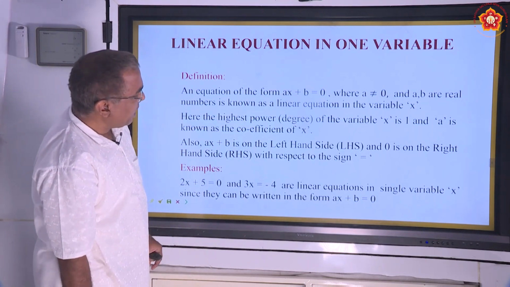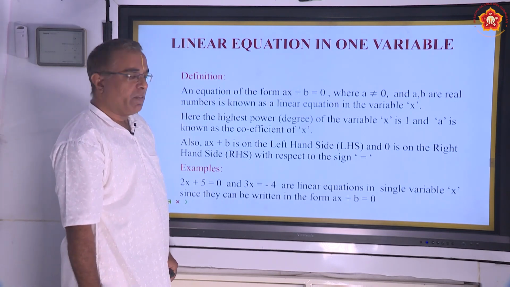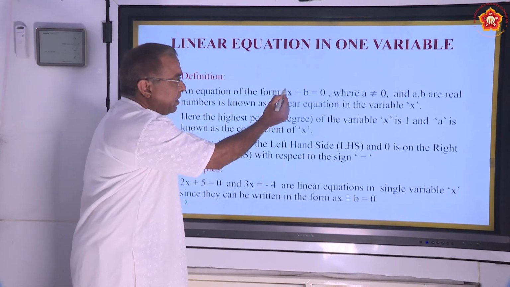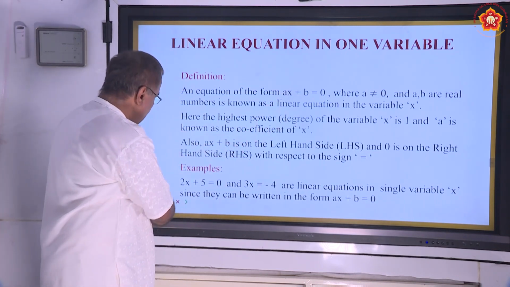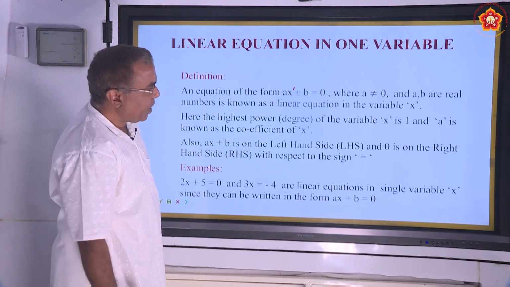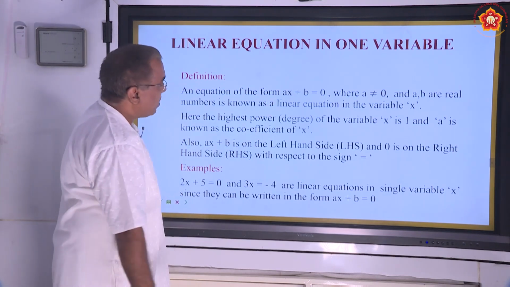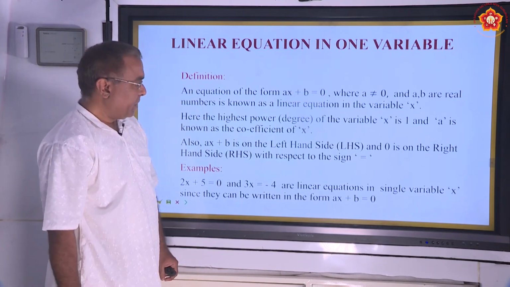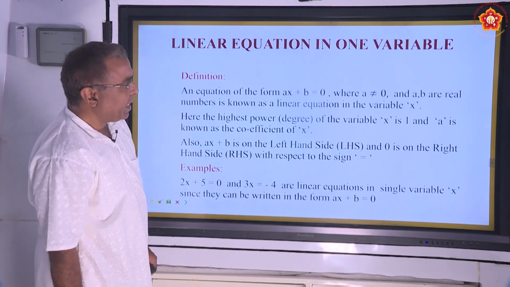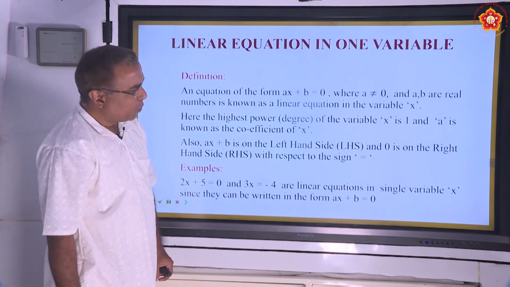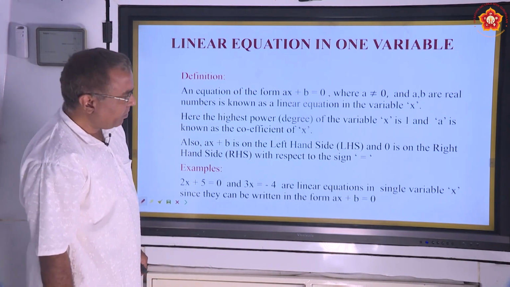Here look at the highest power of the variable, which we call the degree. Here it is 1, that is ax power 1, 1 is hidden there. So, look at that highest power, which we call the degree; it is 1. A linear equation will always have the highest power equal to 1, that you need to remember.